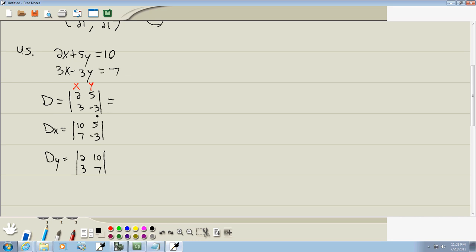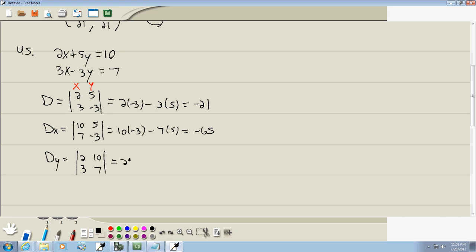So let's find these. Cross multiply: 2 times negative 3 minus 3 times 5. That gives us negative 6 and negative 15, negative 21. Here, cross multiply: 10 times negative 3 minus 7 times 5. That gives us negative 30 and negative 35, negative 65.